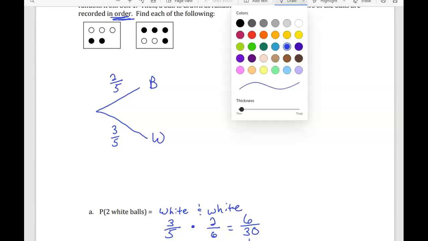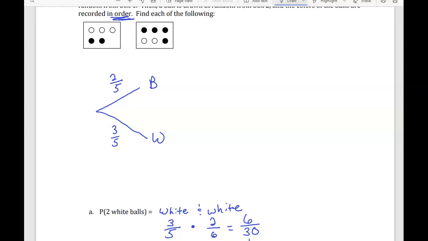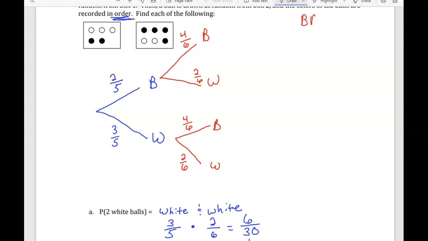Now, my second draw, if I get a black, I can still get black or white. Getting a black out of the second box is 4 out of 6. Getting a white is 2 out of 6. Getting a black is 4 out of 6. Getting a white is 2 out of 6. So if I think about this, I can get a black and a black.